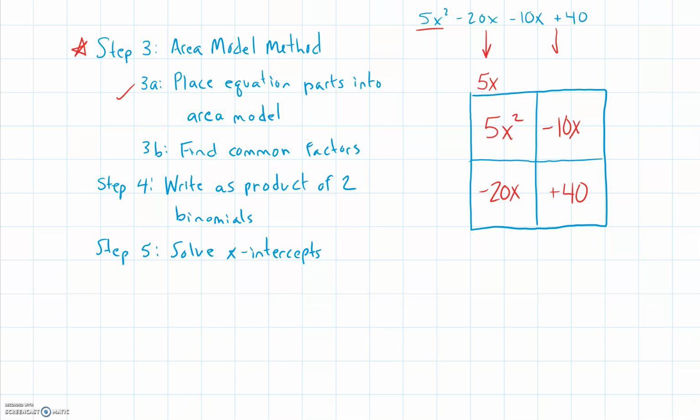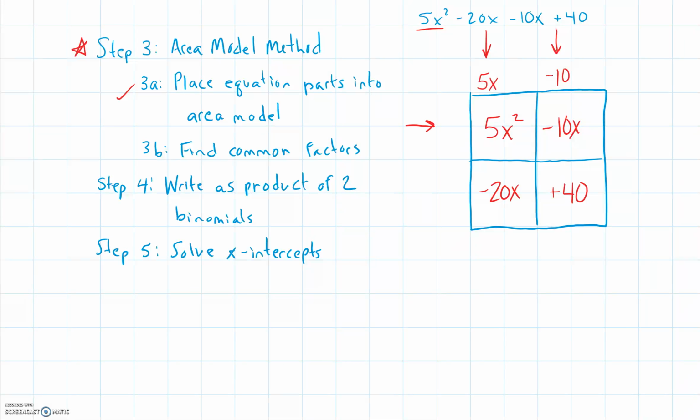And then we can move over to the next column and ask the same question. What is common between these two here? Well, let's say negative 10, but the x's are not common, so we'll just leave it as minus 10.